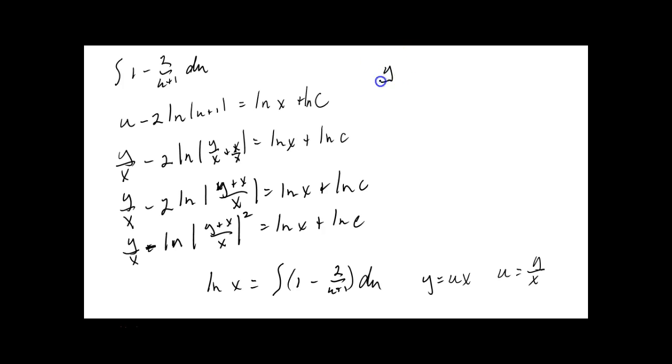So this will be y over x is equal to, we're going to add this to this side, log of y plus x over x squared plus log x plus log c. Love that log c. Okay. Now these you can combine all together because the sum of logs is the log of the product. That's another rule of logarithms.